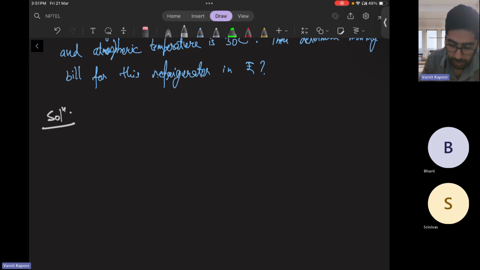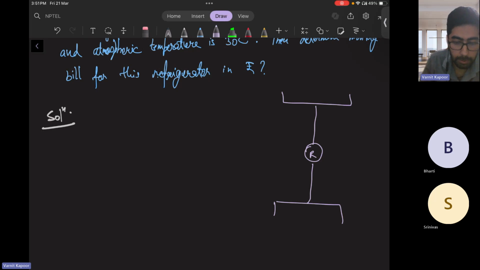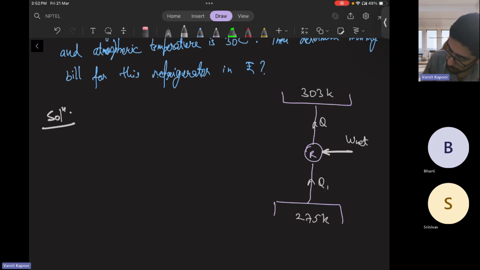So let's make a simple cycle. We have a refrigerator operating between two temperature limits. The higher temperature is 30 degrees Celsius, so it's 303 Kelvin, and the lower is 275 Kelvin. It's a refrigerator, so heat will be supplied to it, that is Q1. Work it will absorb, and heat it will reject to the ambient, let us say Q2 instead of QR. So what is the amount of heat given?